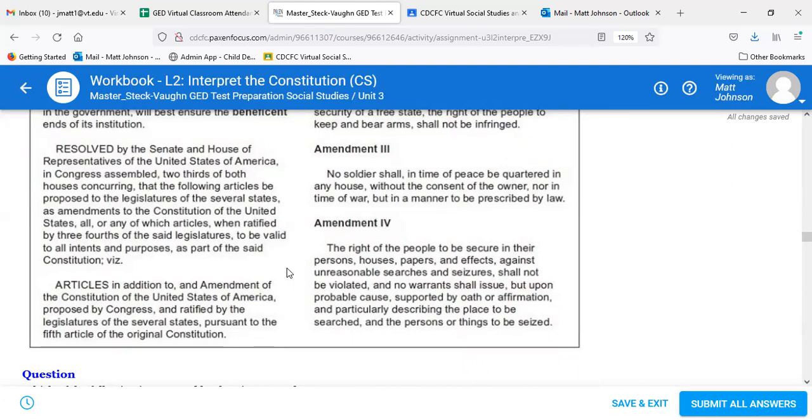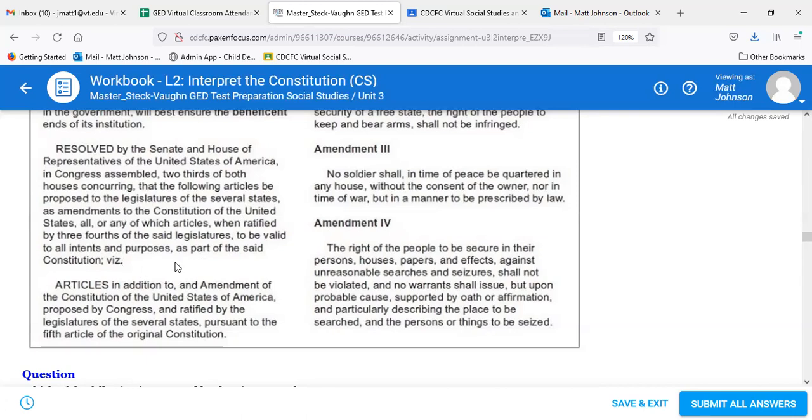Resolved by the Senate and House of Representatives of the United States of America in Congress assembled, 2/3 of both Houses concurring, that the following articles be proposed to the legislatures of the several states as amendments to the Constitution of the United States, all or any of which articles, when ratified by 3/4 of the said legislatures, to be valid to all intents and purposes as part of the said Constitution.